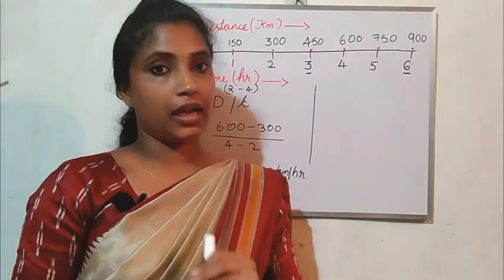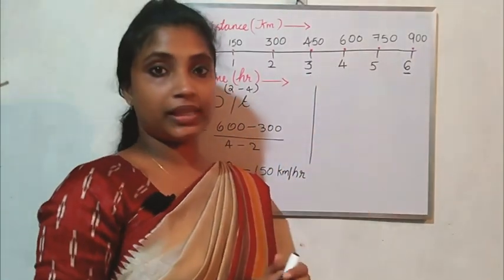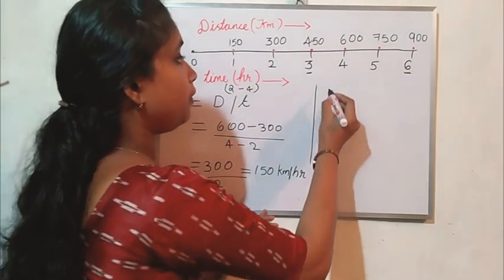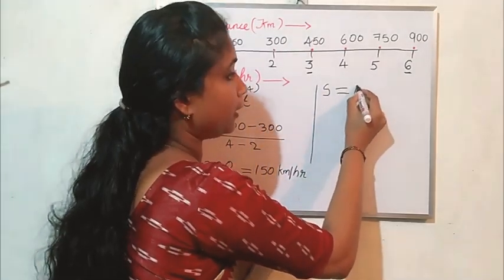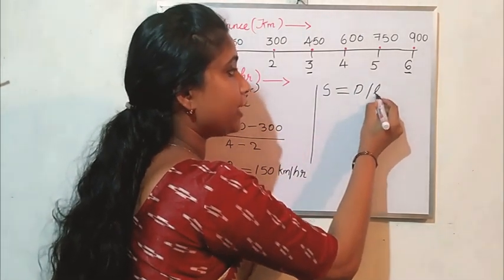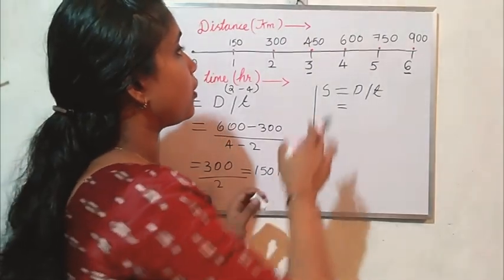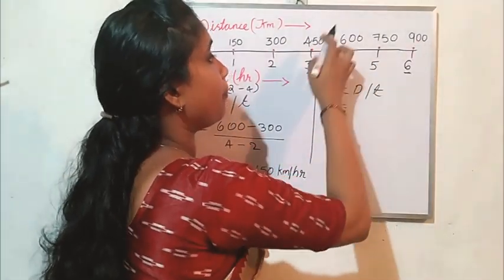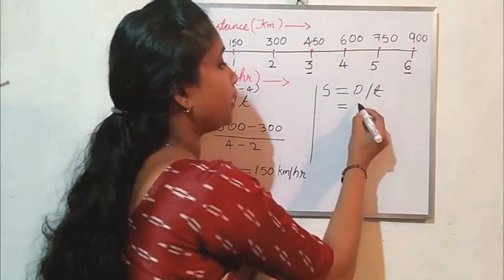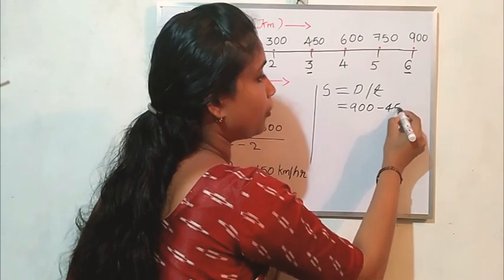Also, let's calculate the speed of the train from 3rd hour to 6th hour. We have the speed S is equal to distance traveled D by time. Distance traveled is 450 to 900. That means 900 minus 450.